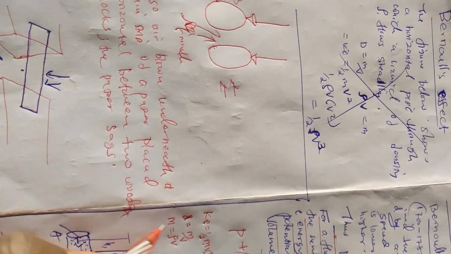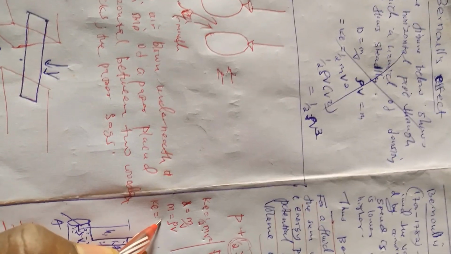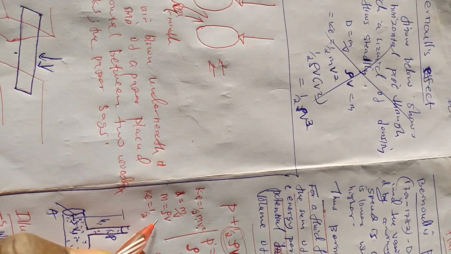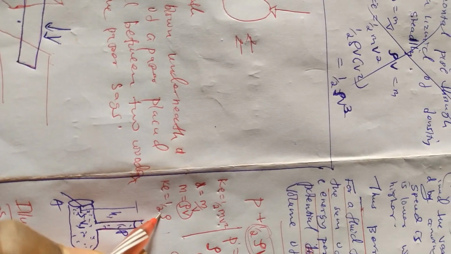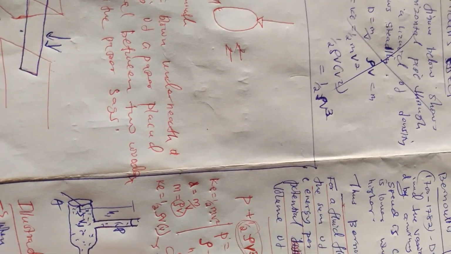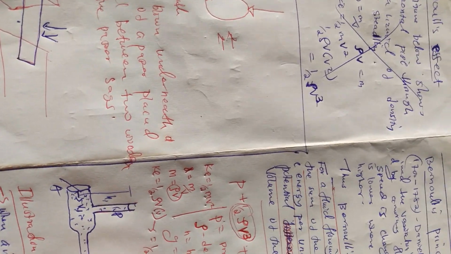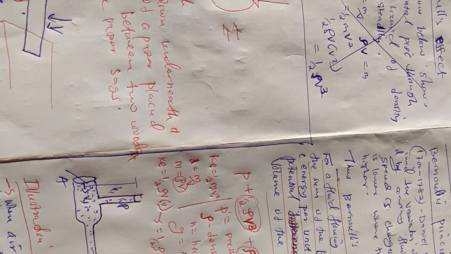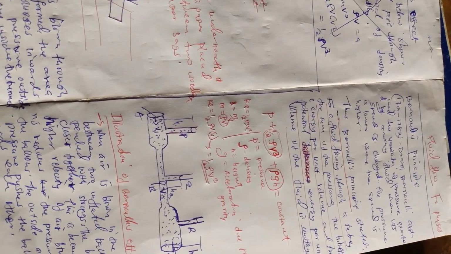And now we come to the kinetic energy. We substitute: instead of writing m, we substitute with the density times the volume, and then you multiply with the velocity squared. From there we can generate an equation with the density, and the volume cancels, leaving kinetic energy per unit volume.